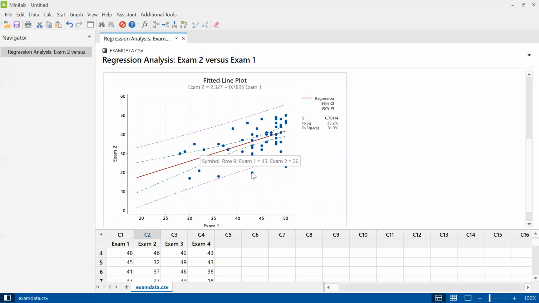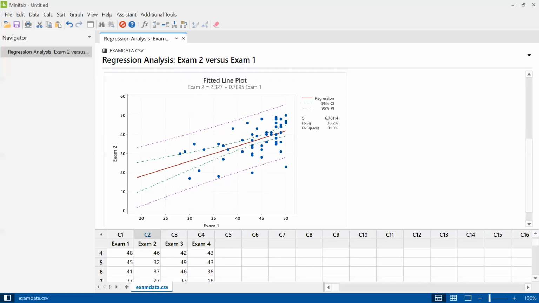And this person who got a 43 on exam 1 and a 20 on exam 2, that's also very unusual. Everybody else ended up between these 2 other lines. So we have 2 sets of lines. The outer lines are supposed to get 95% of all the dots. This narrower gap of dashed lines is where we expect the mean to be on exam 2 for each particular exam 1 score.